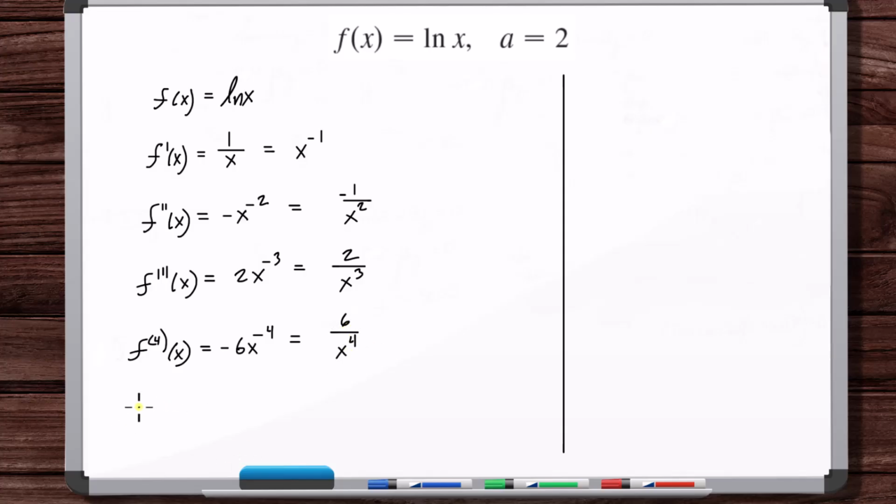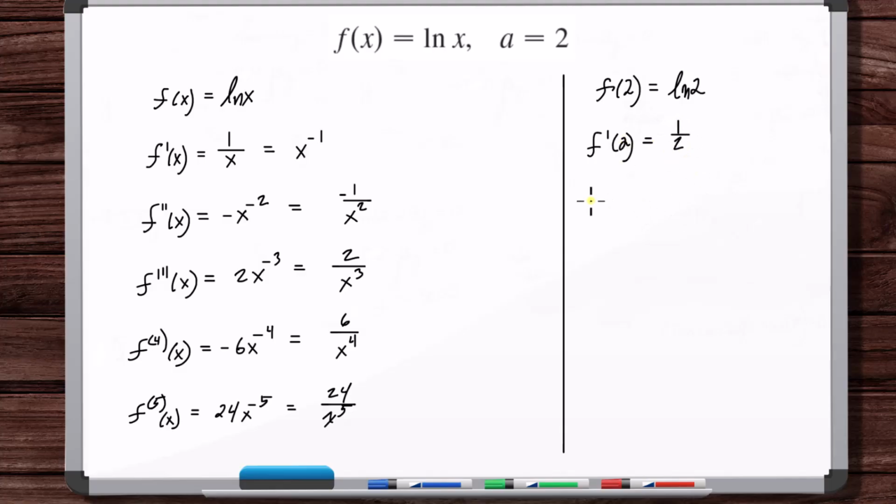Okay, let's go one more. So, okay. Now we come to this column over here and plug in the center point. So we've got natural log of 2. One over 2.